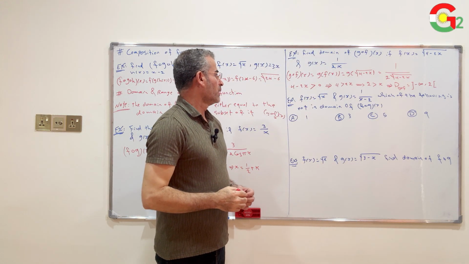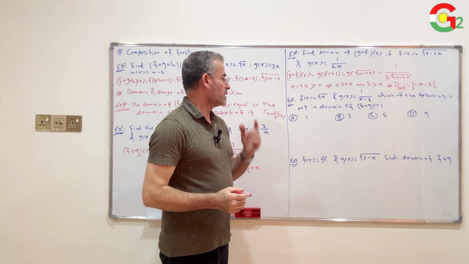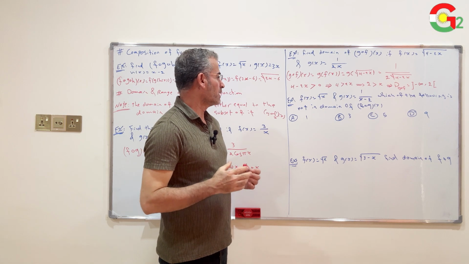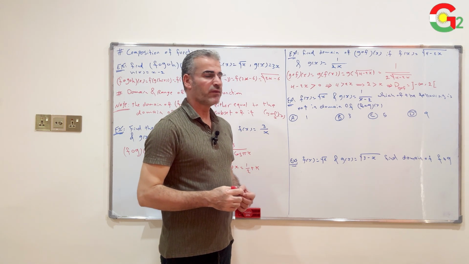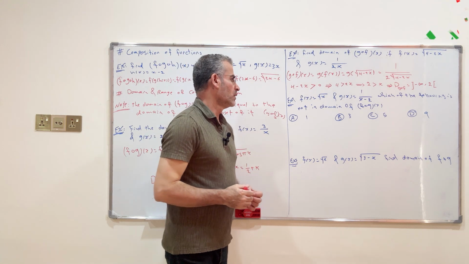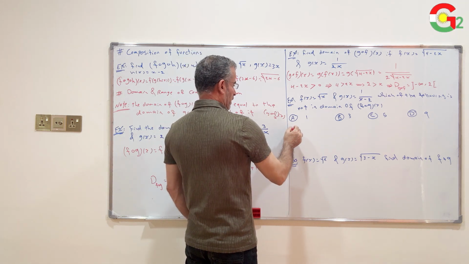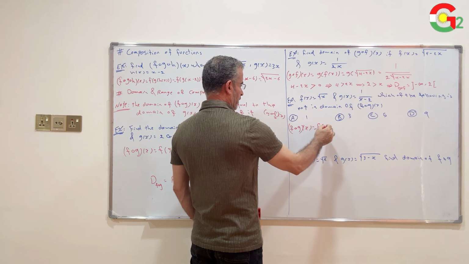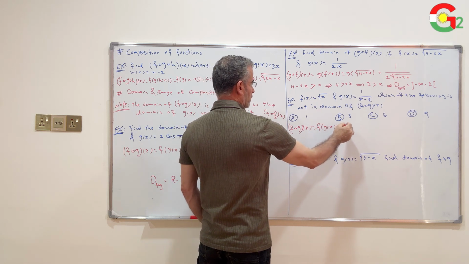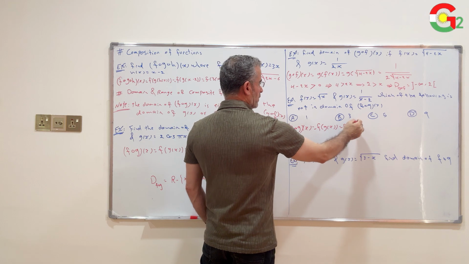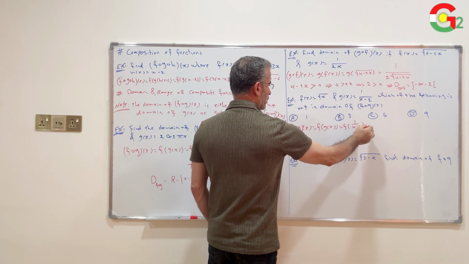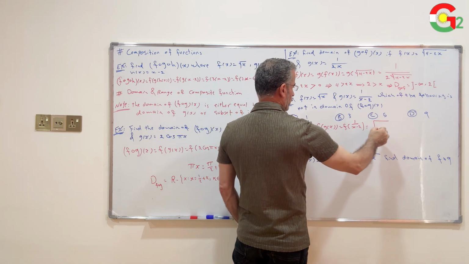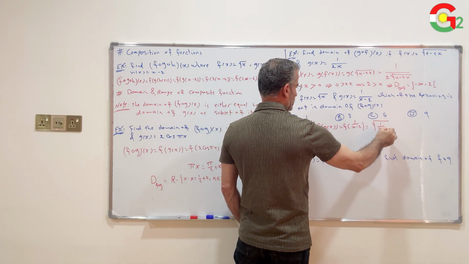Example: if f of x equals square root x and g of x equals 1 over x minus 2, which of the following is not in the domain of f circle g? First, I need to find f of g of x, which equals f of 1 over x minus 2, which is the square root of 1 over x minus 2.